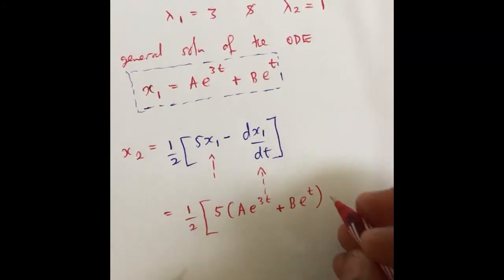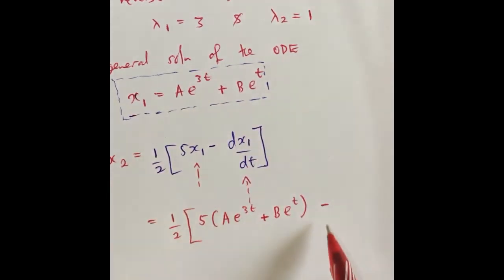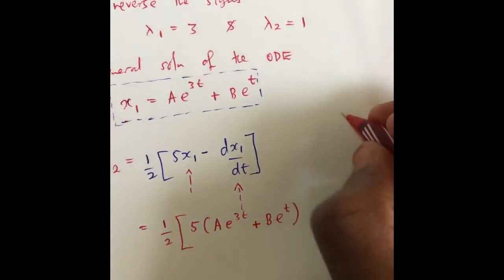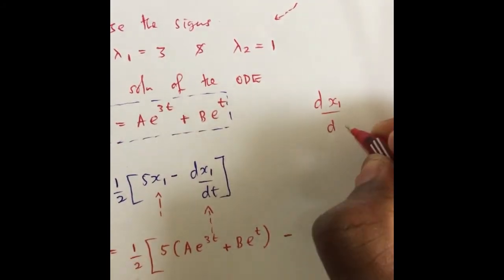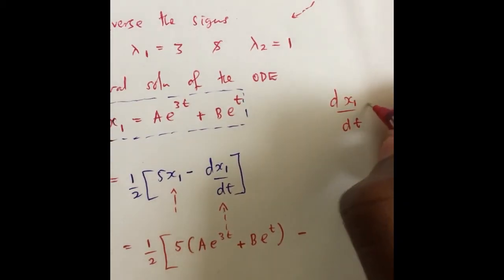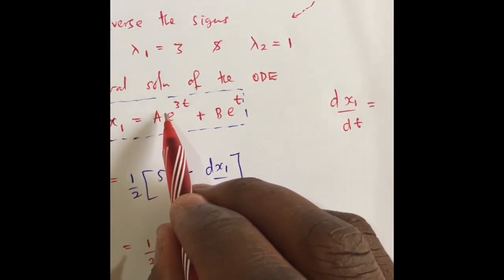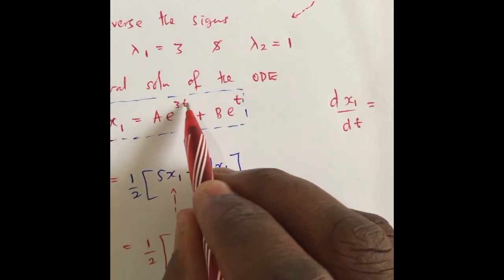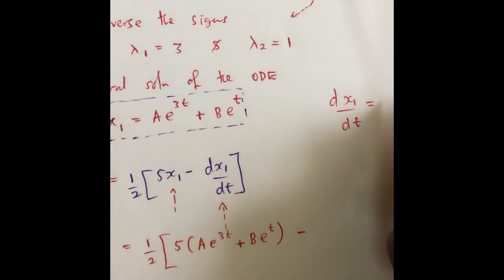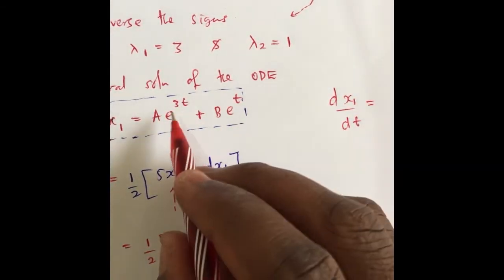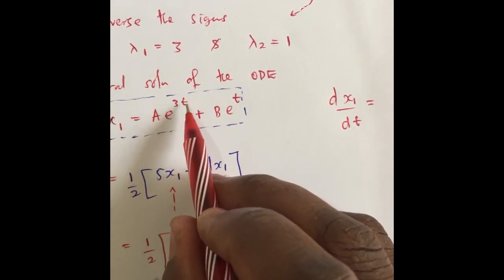Minus, now we have to differentiate this. How do we differentiate that? A is a constant. So e to the power of 3t, how do you differentiate that? Use the chain rule.